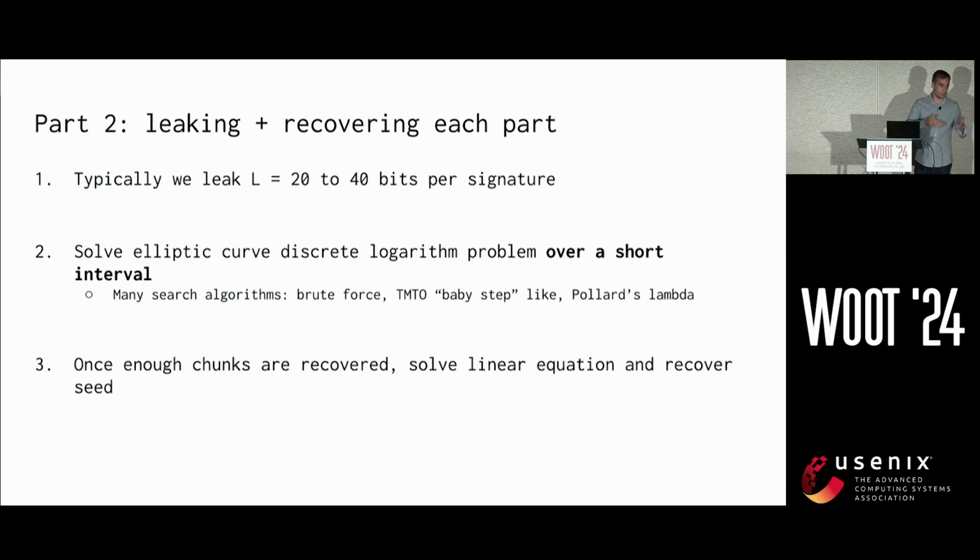You can have tables for baby-step giant-step like algorithms, or you can, for example, use Pollard's lambda. That's very efficient memory-wise, and also gives you a nice quadratic speedup. So that's pretty nice and suitable for this application. It's basically ECDLP over a short interval.